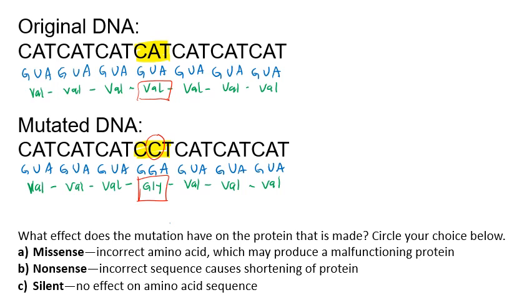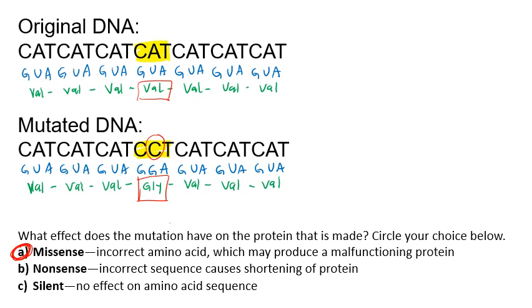That means we are making the wrong protein, which would be A, which is called missense. We made the incorrect amino acid, and we might be making a different protein altogether. We might make a bad one. In the examples that you're going to be doing, you might see missense.